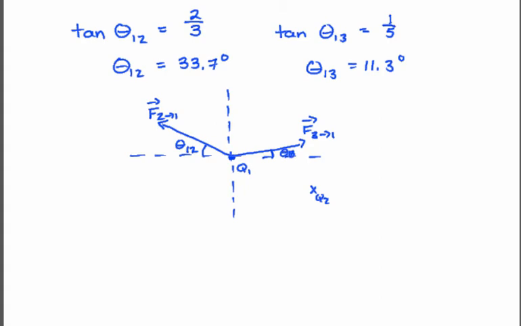And that's a theta 1, 3, even though it's a little smaller. At this point, I'm not worried about how long my vectors are, only that they're pointing in the exact right direction. I know what my angles are, and I know the general direction that my forces are pointing.